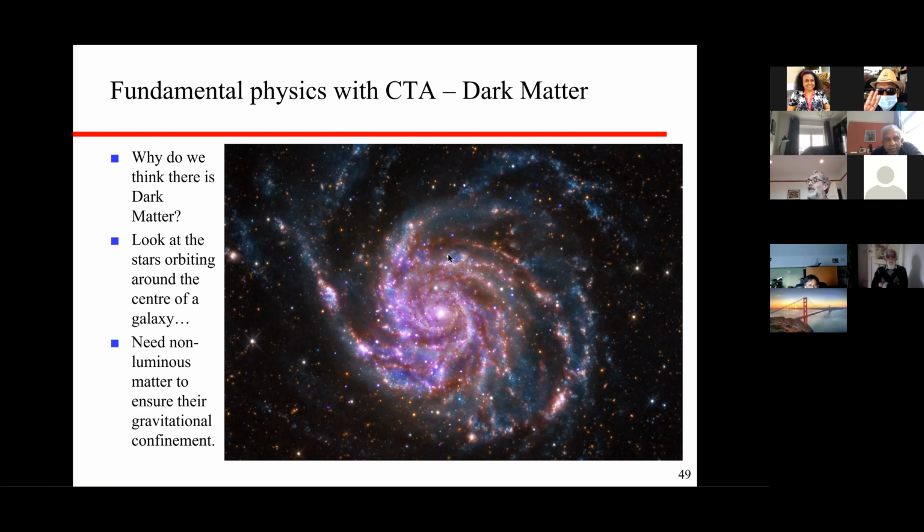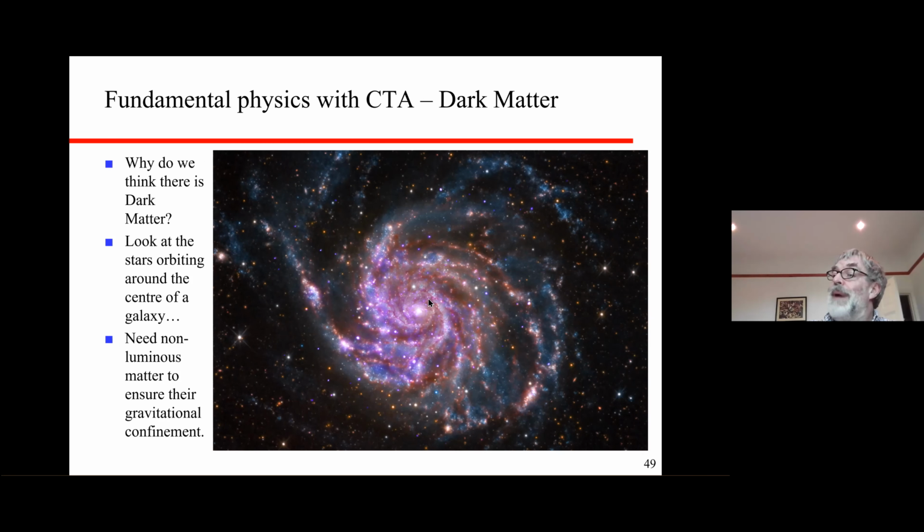Then you can look at the distance from the center, and work out how much mass there must be within the orbit of that star to ensure that the gravitation between the star and the mass contained in the galaxy is enough to prevent the star flying off out into space.